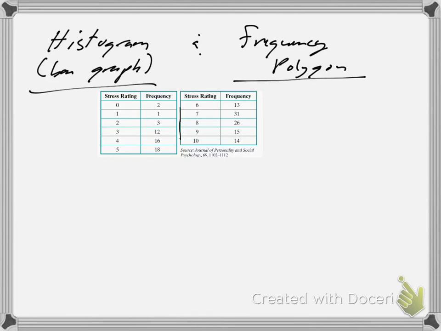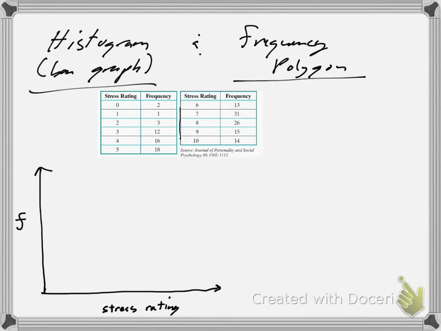And we'll first do a histogram. And the histogram is what you would more commonly know as a bar graph, okay? And what we do is it's really simple. On this axis, we have the stress rating. And on this, we have the frequency, okay?